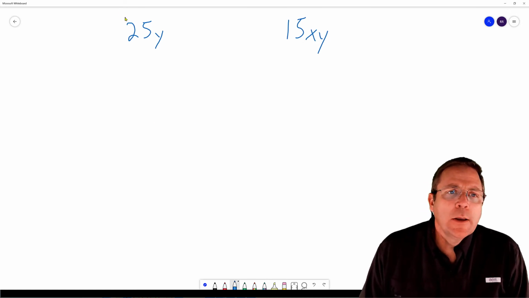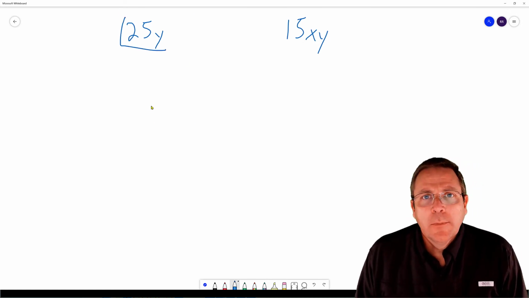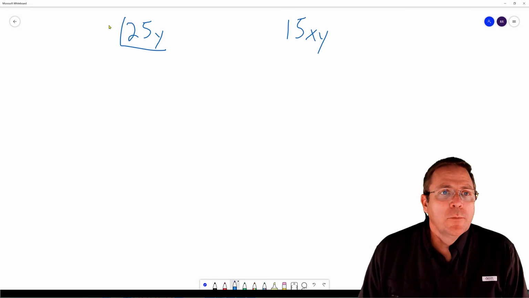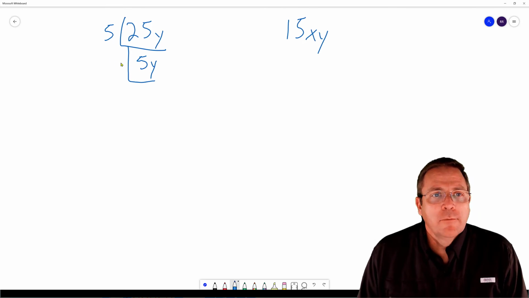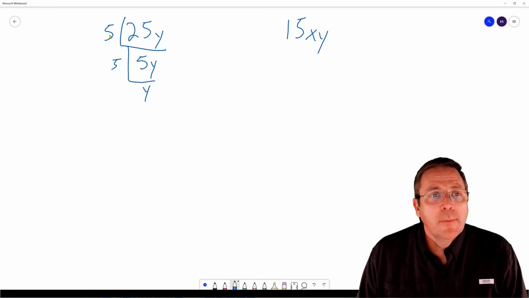Let me show you how I do it with upside down division, because this is what I'm going to be expecting you to do. So 5 is going to go into 25y, 5y times. 5 is going to go into 5y, y times, and if you multiply them back, 5 times 5 is 25 times y, that gives you the 25y.